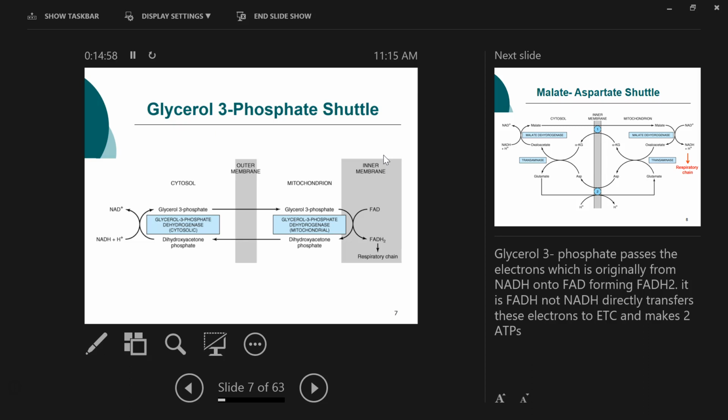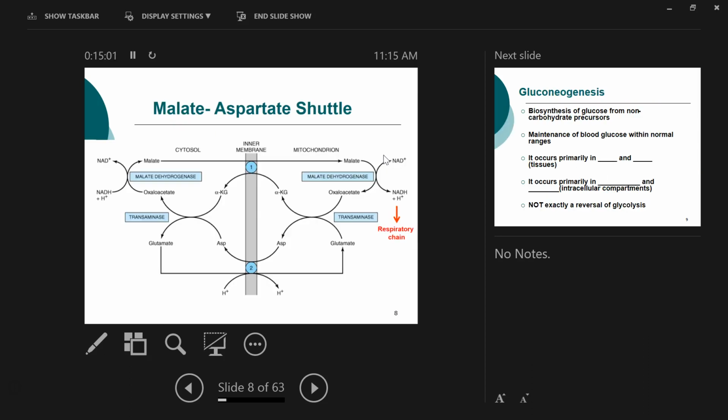Okay. And the other shuttle system is called the malate-aspartate shuttle, and it's pretty complicated. I'm not going to go into the detail, but with a similar mechanism, the NADH produced from glycolysis in the cytosol gives its proton to oxaloacetate, and oxaloacetate receiving the proton from NADH is converted to malate. And malate is able to pass through the inner mitochondrial membrane and then give the proton to NAD, forming NADH.